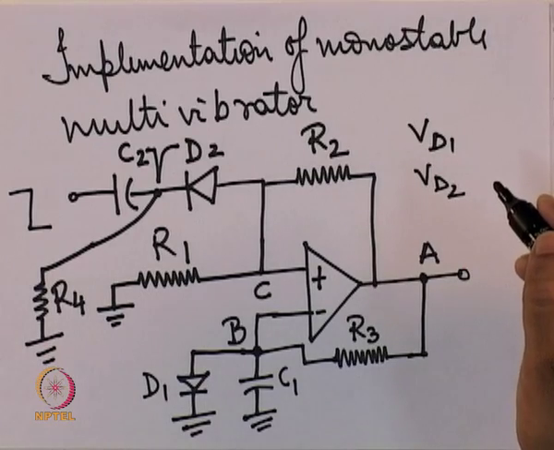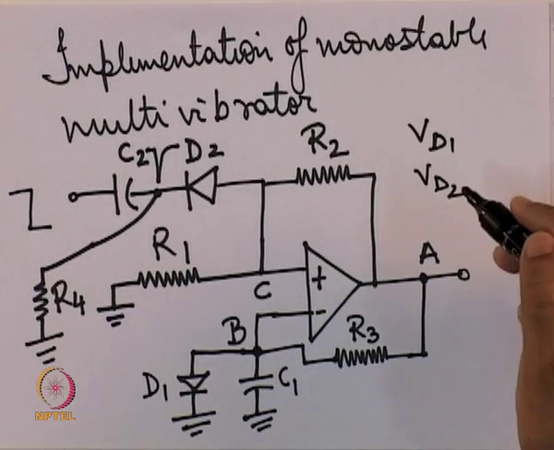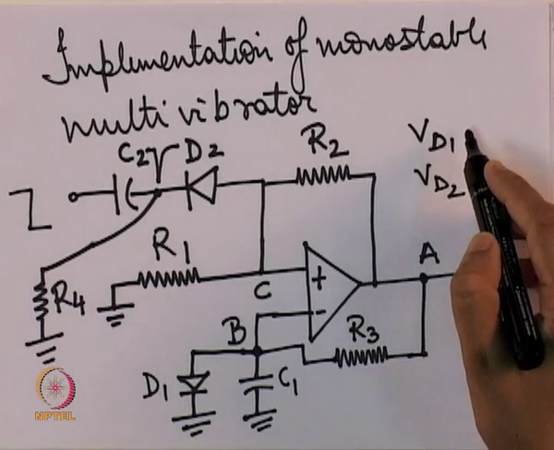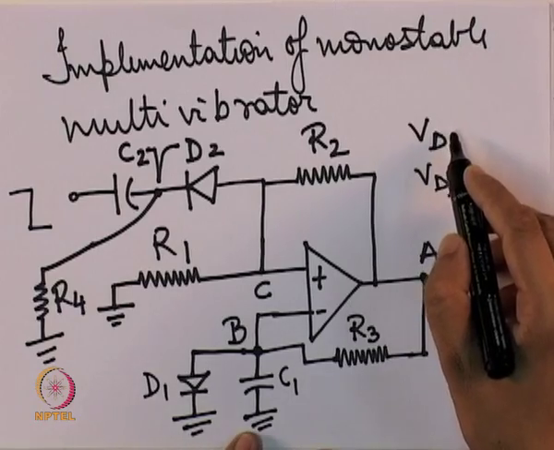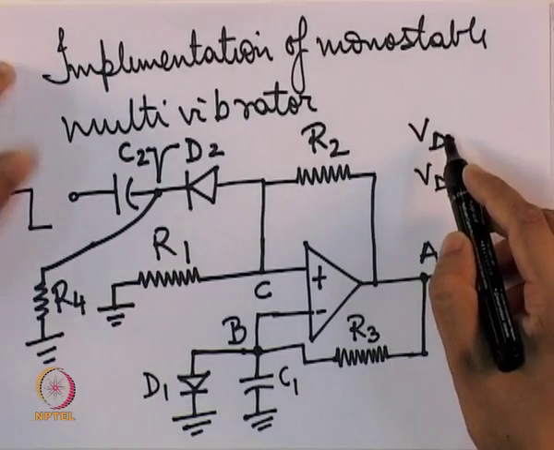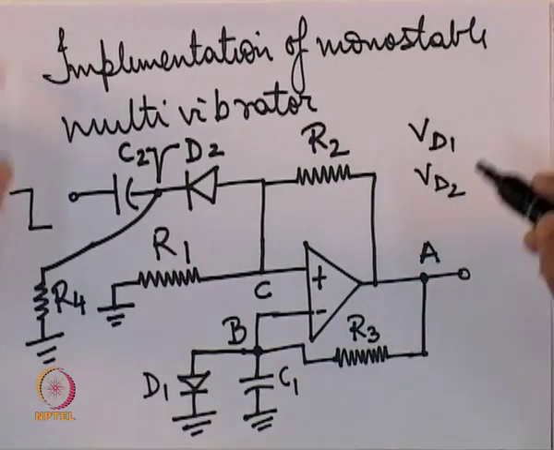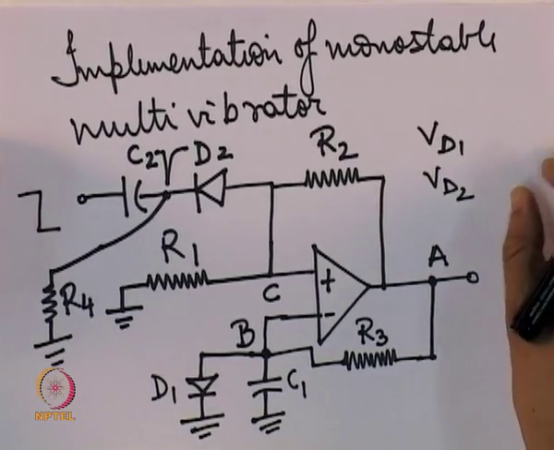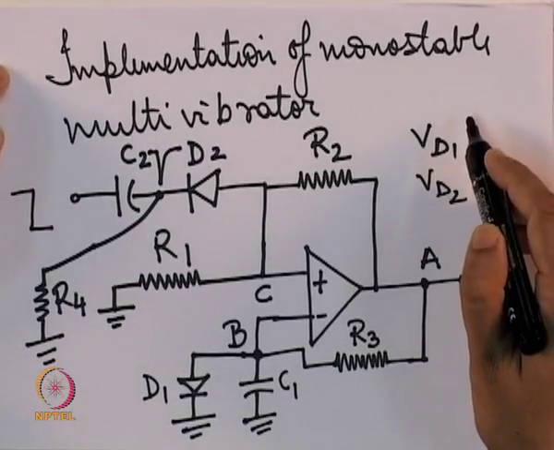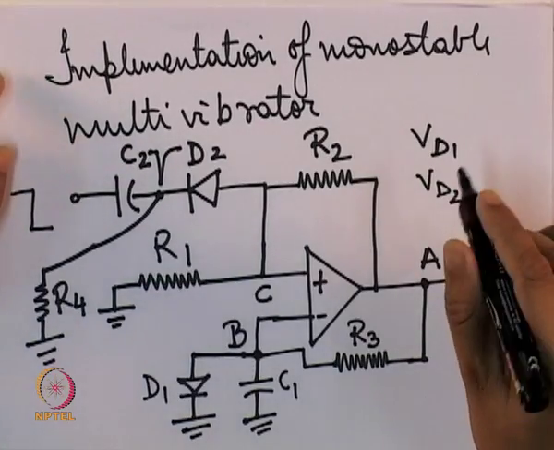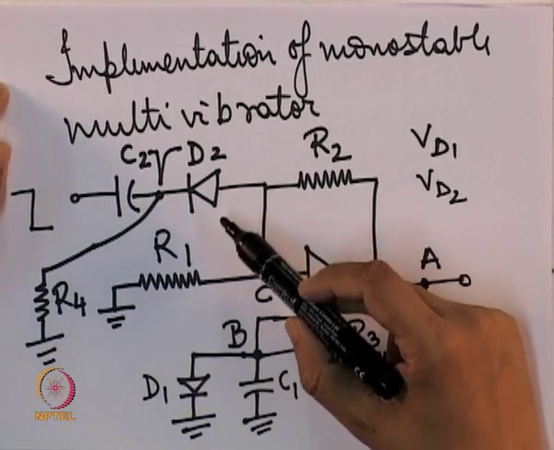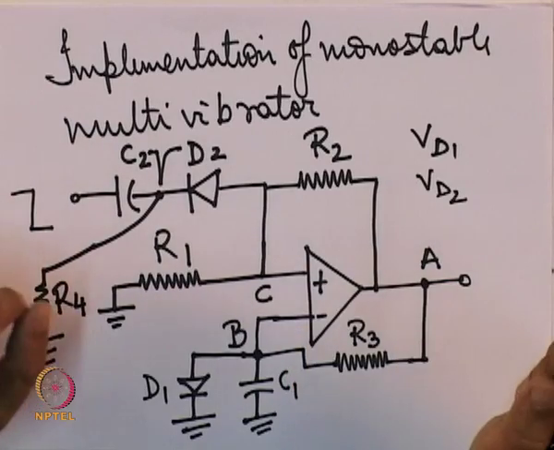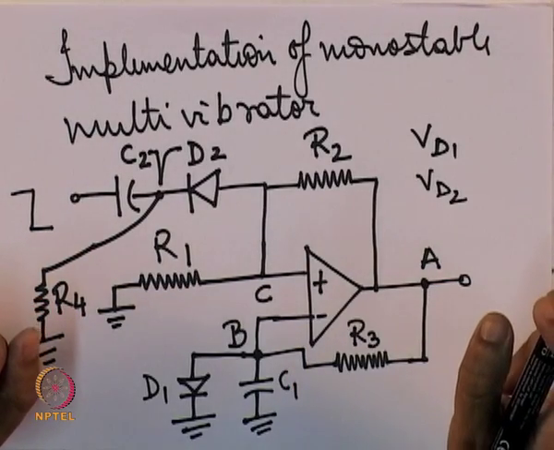When we were discussing diodes, I mentioned that there is always a threshold voltage. A threshold voltage is also sometimes known as the diode drop. So, VD1 is the diode drop of diode D1, and VD2 is the diode drop of diode D2.